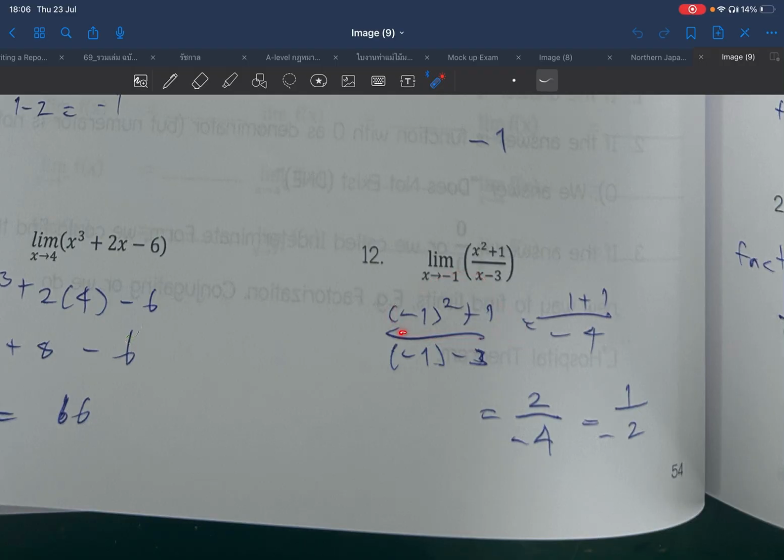We'll get -1 power of 2 plus 1, which gives us 1 plus 1. And the denominator, which is -1 in the brackets, and then we minus 3. We will get -4. That will give us 2 over -4, which simplifies down to -1 over 2.